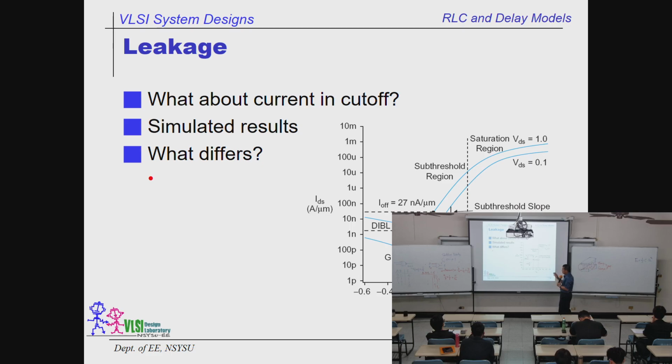It's about 100 nanoamps from time to time. But when it is fully open in the saturation region, it's over 1 million. It's a lot. So basically, I always tell my students that this leakage could be ignored.